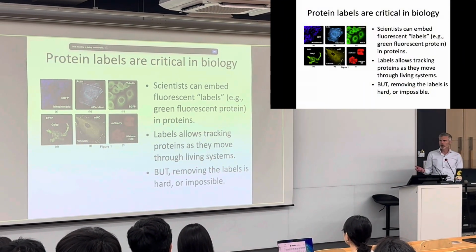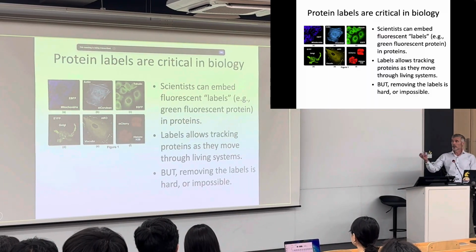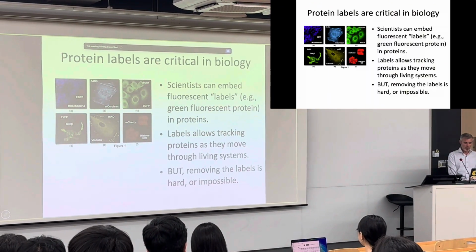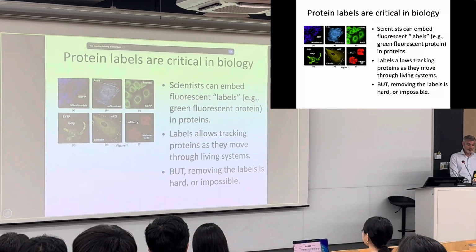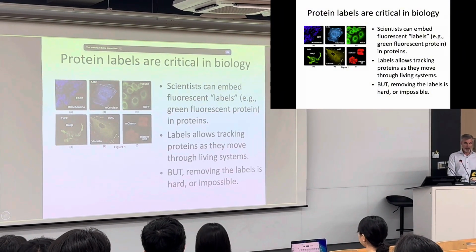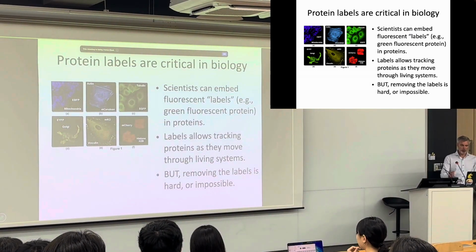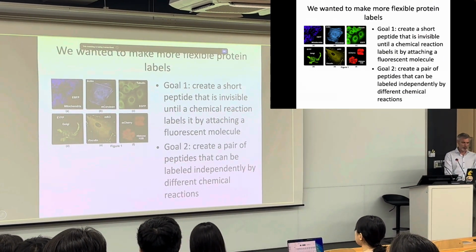Right, so you've probably heard of green fluorescent protein. This is a way to make tissues glow. The challenge with green fluorescent protein, which is great and won a Nobel Prize, is that you don't have the ability to turn the label off to make it stop glowing green.